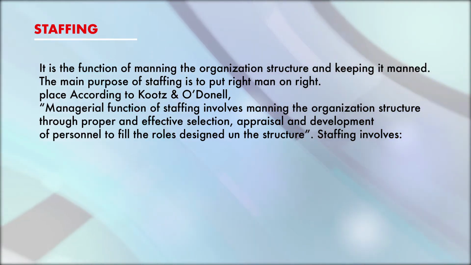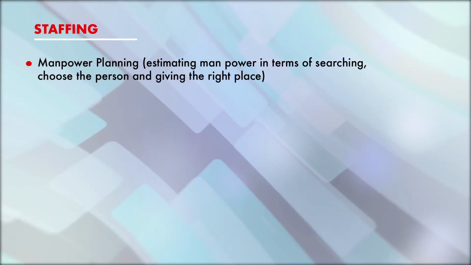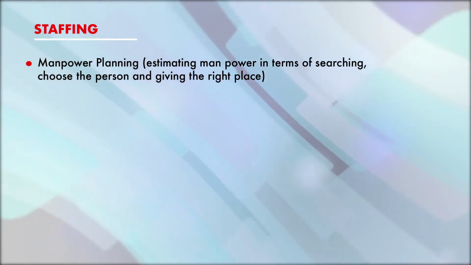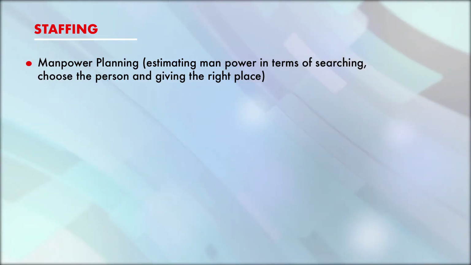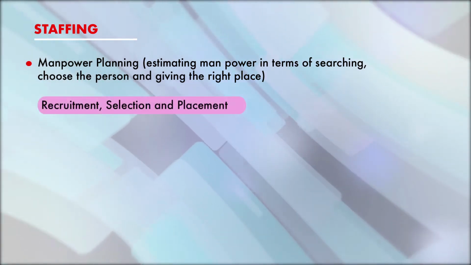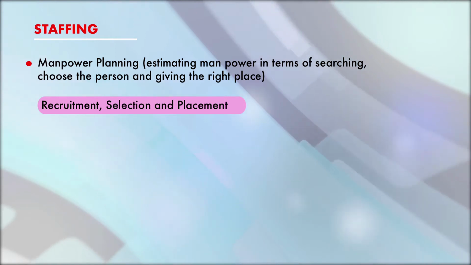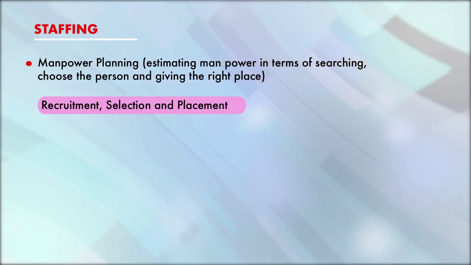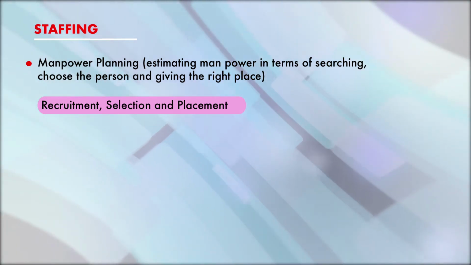Staffing involves the following things: manpower planning, which means estimating manpower in terms of searching, choosing the person and giving him the right place in the organization. Then comes the recruitment process. For that, advertisement and other things are done. After this comes the selection and the placement process.